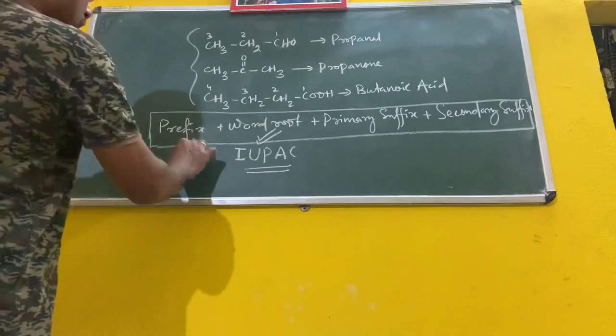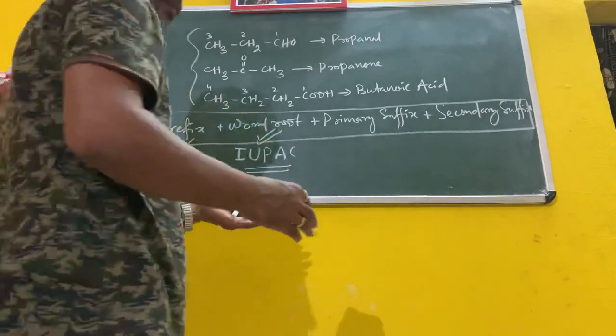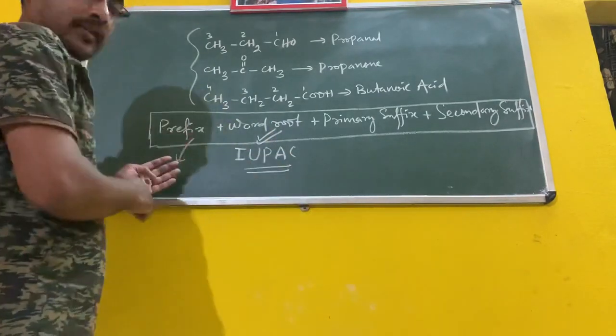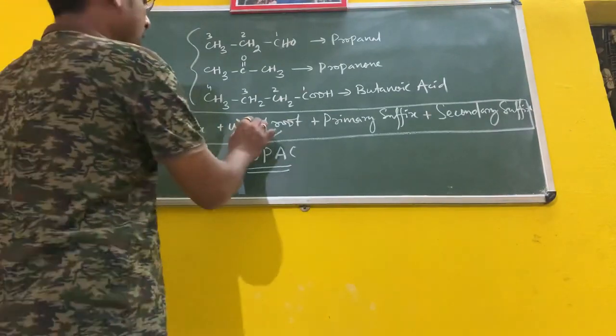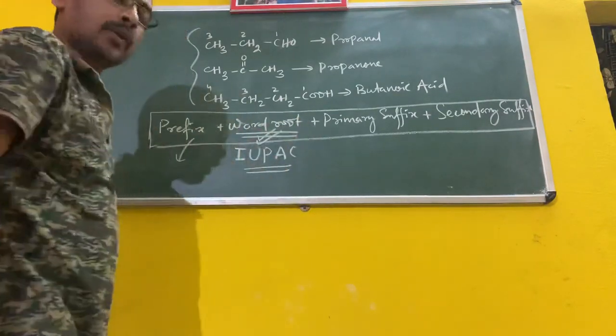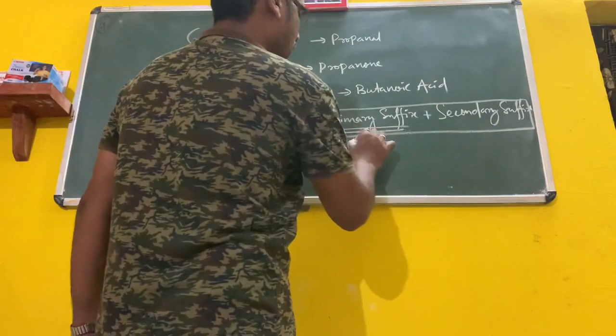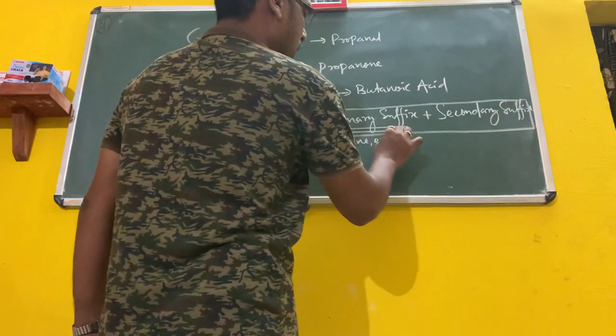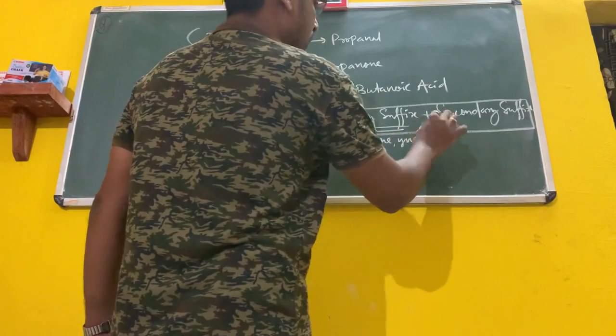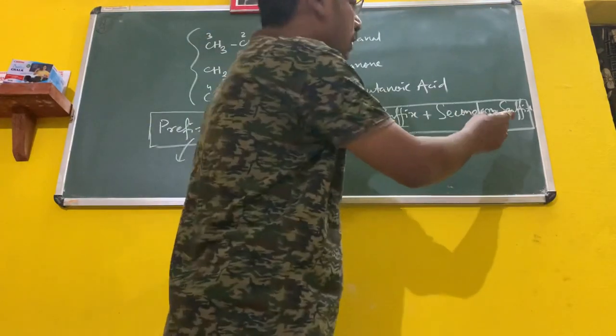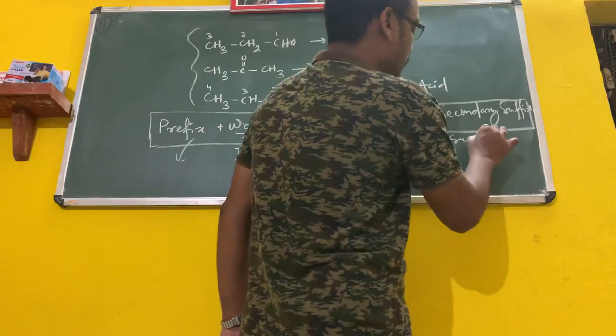Prefix means first fix, the part placed before. Word root means the number of carbon atoms in the longest chain. Then the primary suffix is ANE, ENE or YNE. And the secondary suffix is the superior functional group.